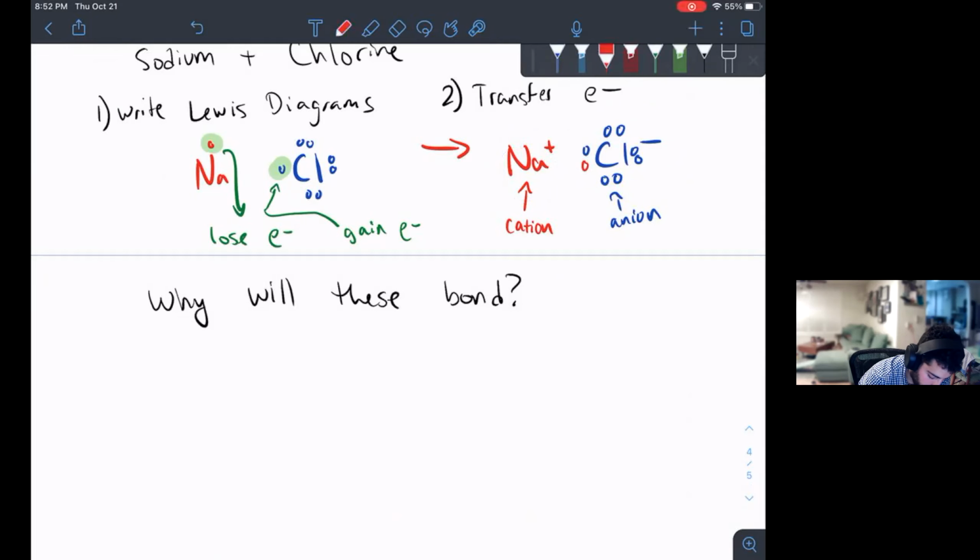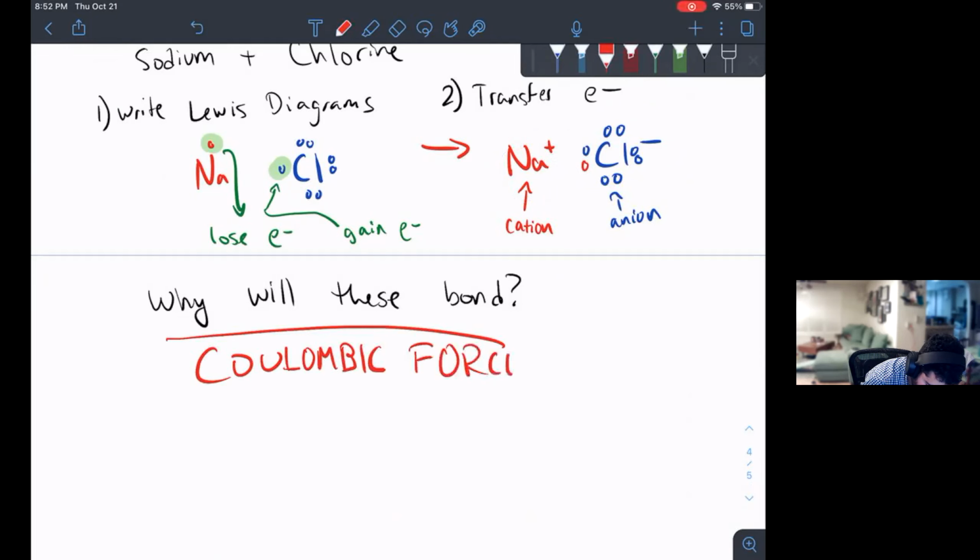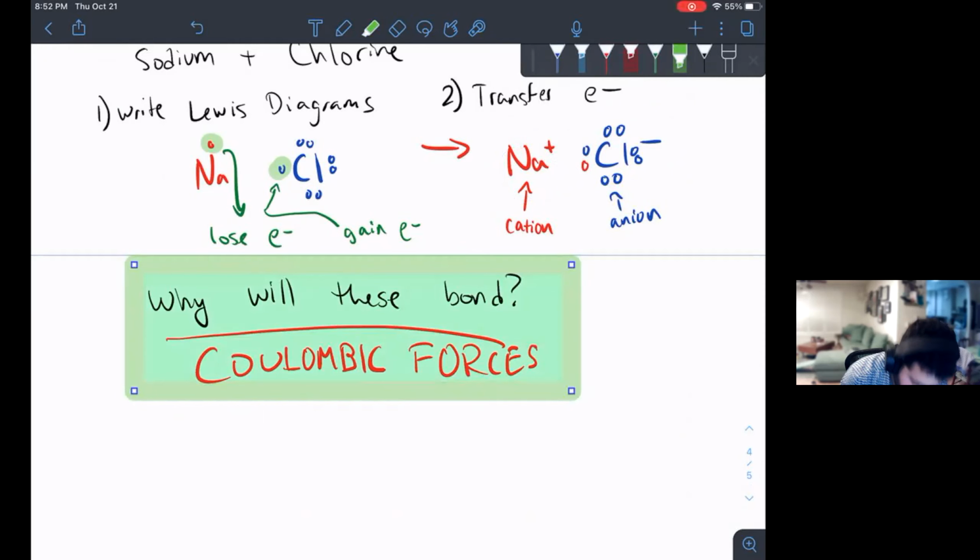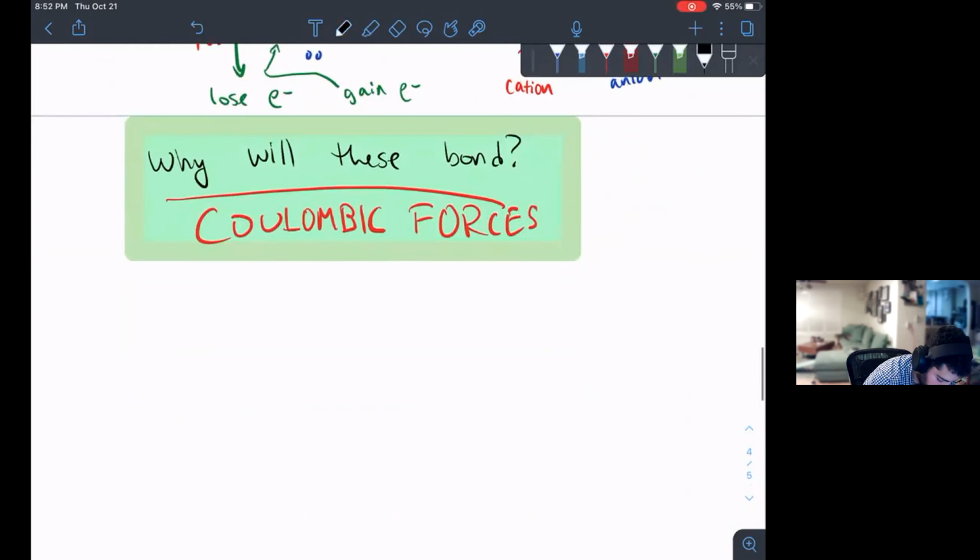The answer for pretty much everything is going to be Coulombic forces. A positive and a negative attract through Coulombic forces. So that's the star point of this lecture. So what we'll do is we'll see what happens next. Well, first things first, we can write the chemical formula.